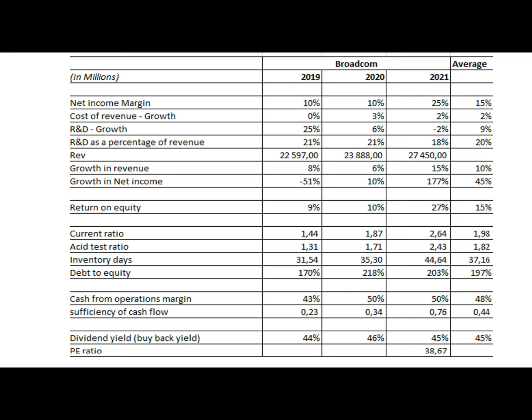All right, the dividend yield, like I said, is pretty healthy, slightly below the industry average of 46, but very, very healthy. The PE ratio is fairly decent, considering the industry average is just over 40 and Broadcom's PE is just 38. So it's a relatively cheap company.